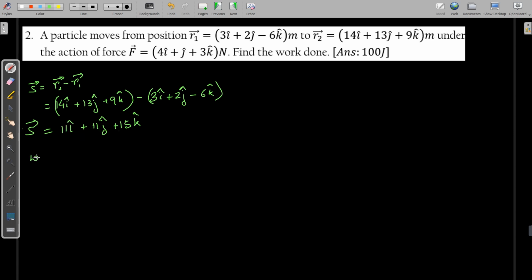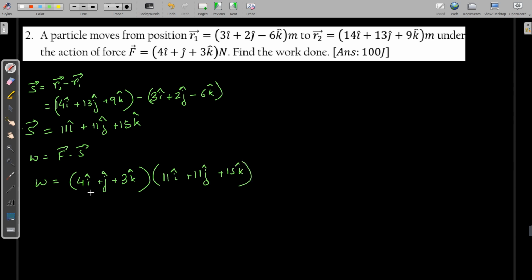So now work done will be how much? F dot S. So F we have how much? What is S? Just now we got 11 i cap plus 11 j cap plus 15 k cap. Okay, please calculate this. You'll get the value as 100 Newton.